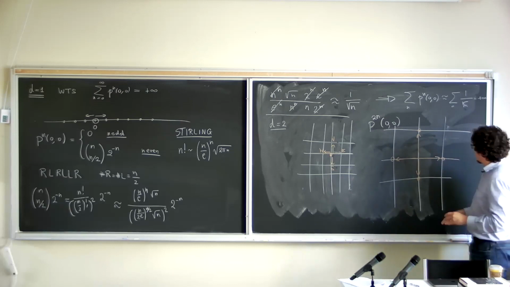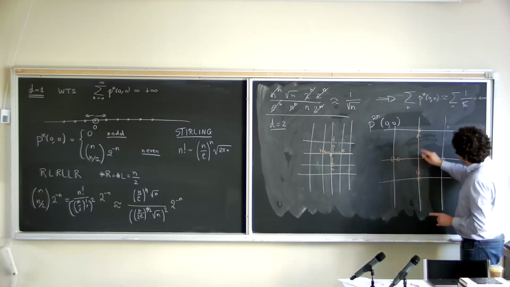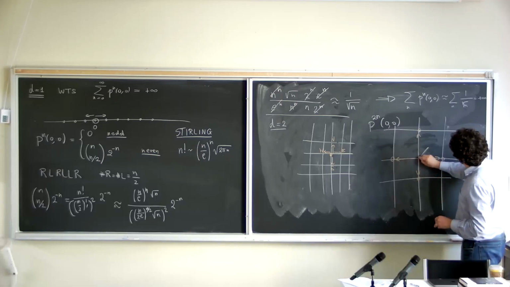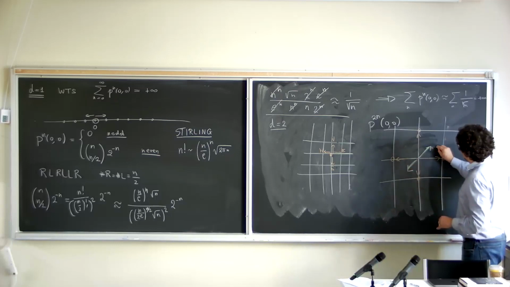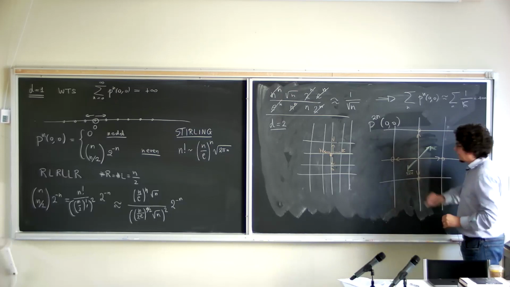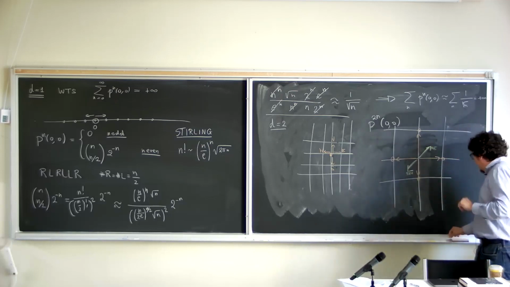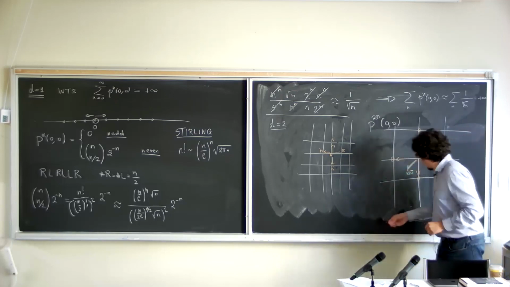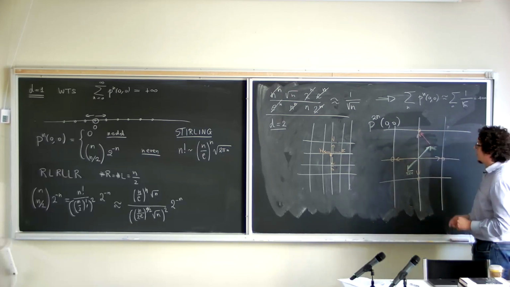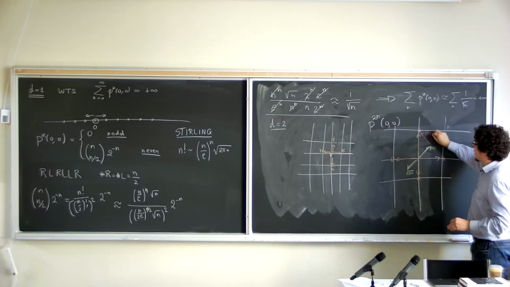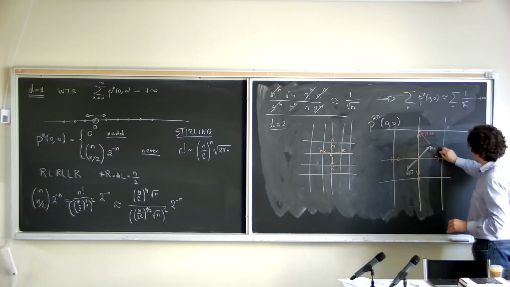So here's the trick. Instead of going north, south, east, and west, you toss a coin and you decide if you go northeast or southwest. And then you toss a second coin and you decide if you go northwest or southeast.